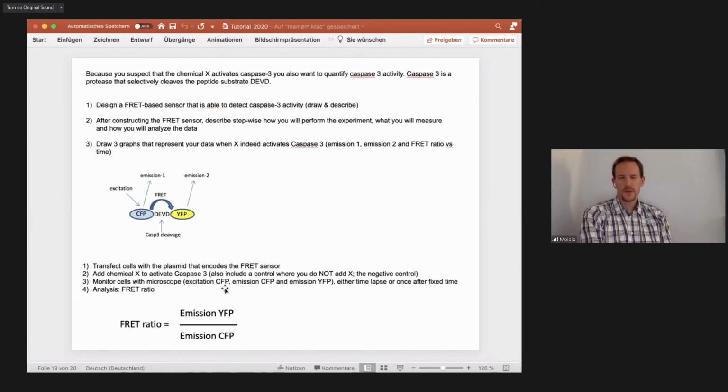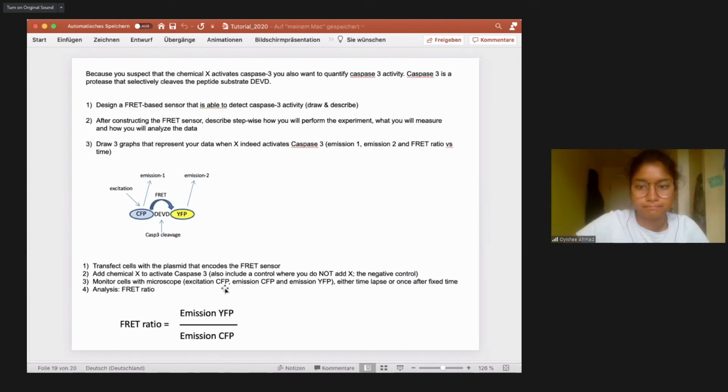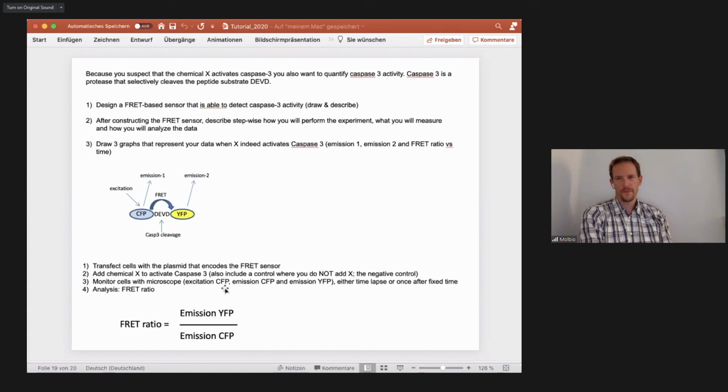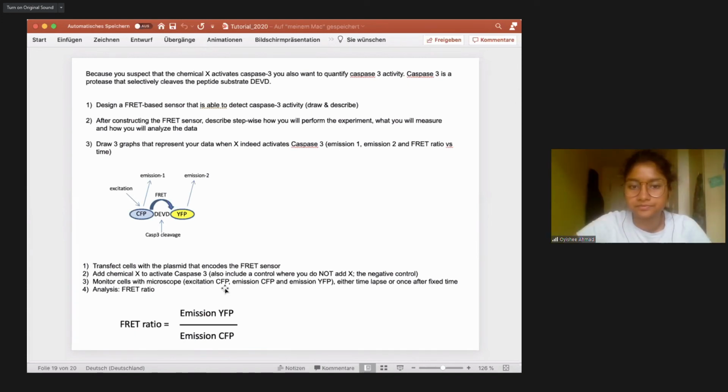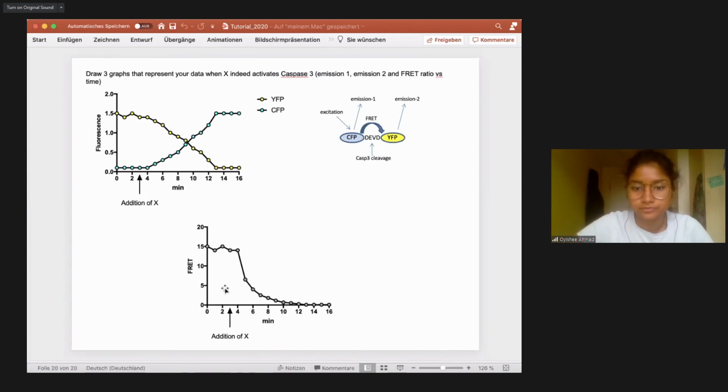Because the caspase gets activated, it will cut in between the two fluorophores. So there will not be FRET anymore. So you will see more of emission 1, meaning CFP, and less of emission 2.